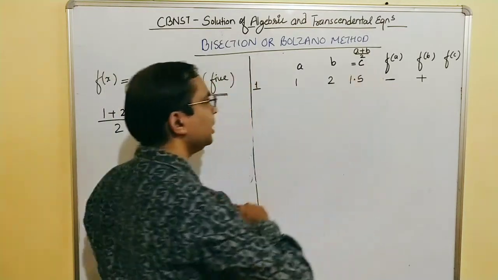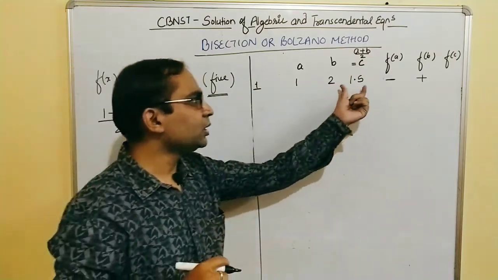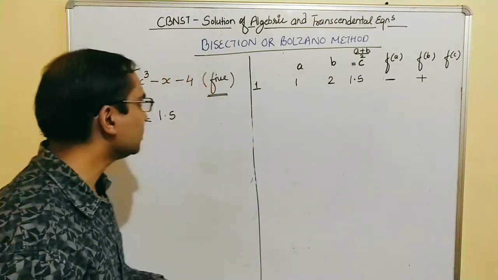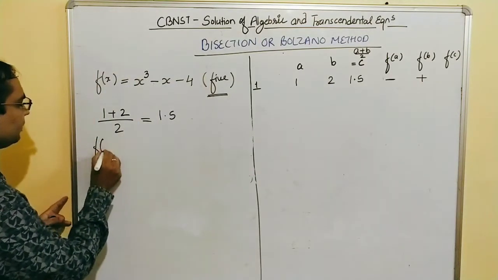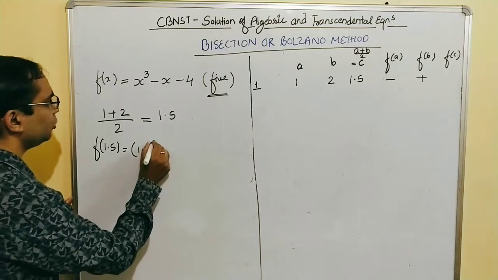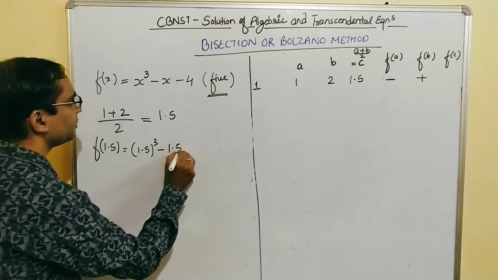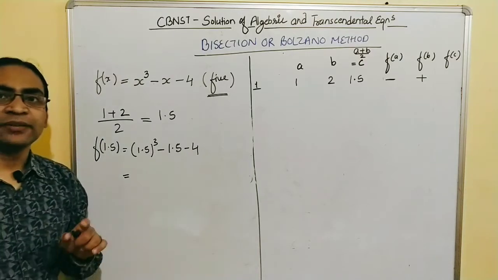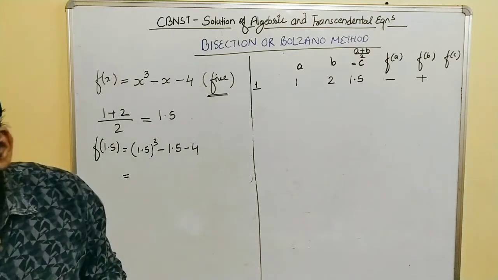So now this is c, and at this new value we need to find f at c. So what is f at c? This is f at 1.5. That means 1.5 cube minus 1.5 minus 4. Obviously, we will be using the scientific calculator to get this value. I already have this value.